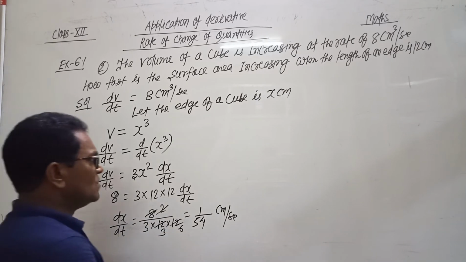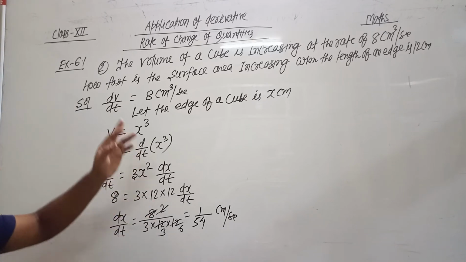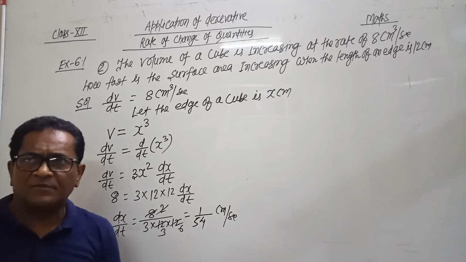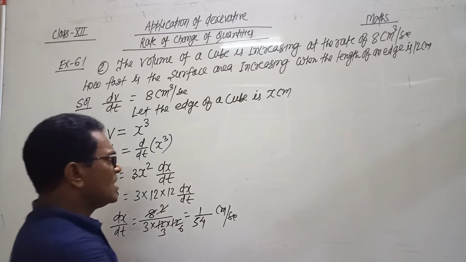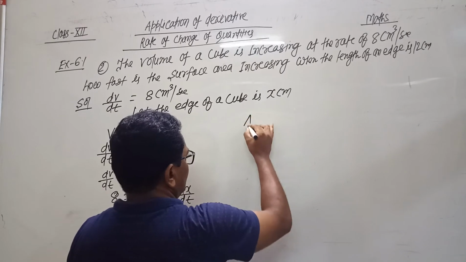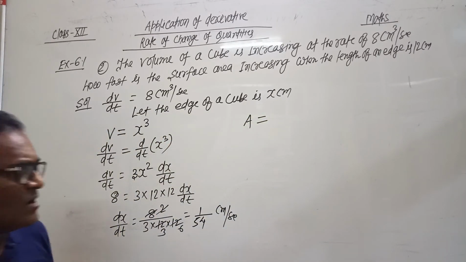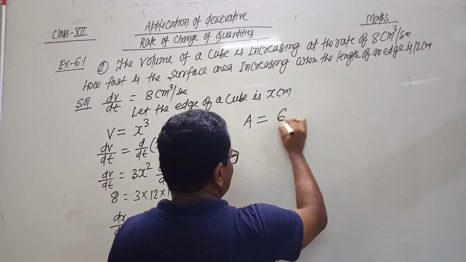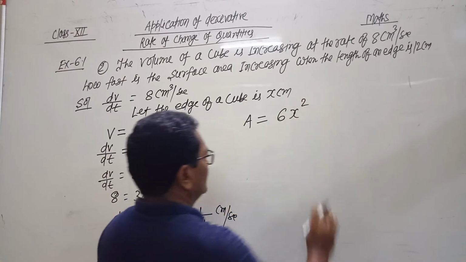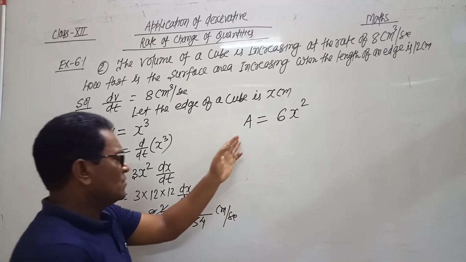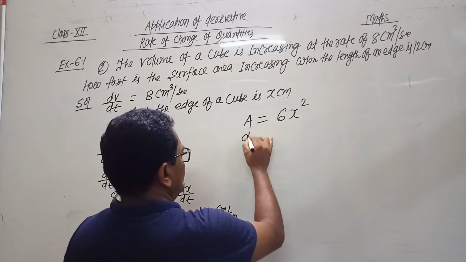We got the value of dx by dt, but we have to find the increase in surface area. So we will have to write the formula for the surface area of a cube. Surface area is given by A, and we know the surface area of a cube is 6 into side square. Now we differentiate with respect to t.